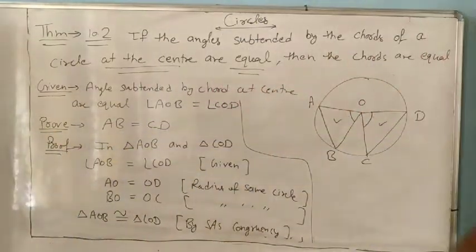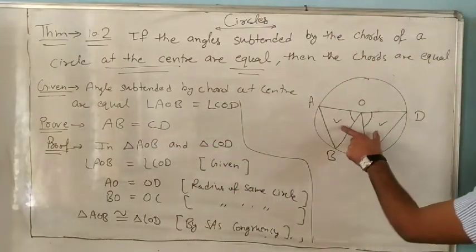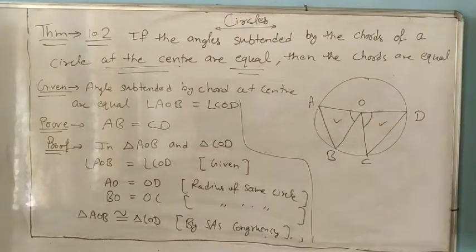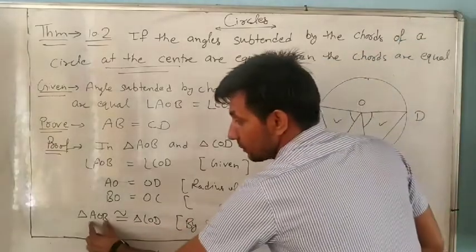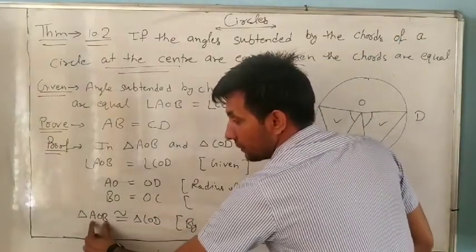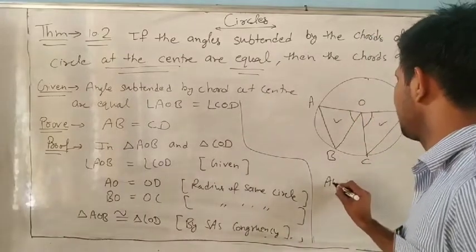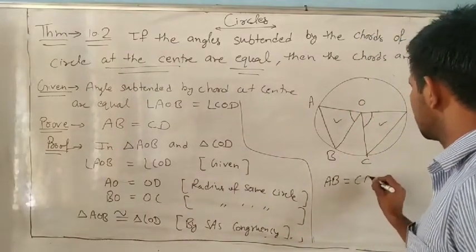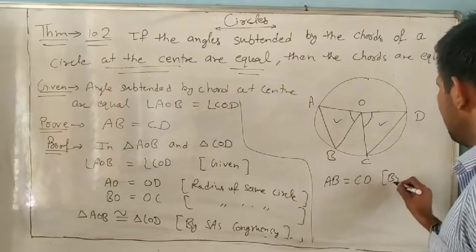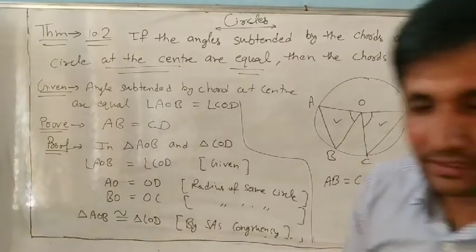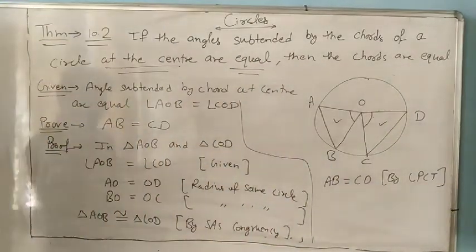But we want to prove that AB equals CD. We already proved these two triangles are congruent. Now, are AB and CD corresponding? Yes, A and B, first and last, C and D. So they are corresponding parts, so AB equals CD by CPCT.